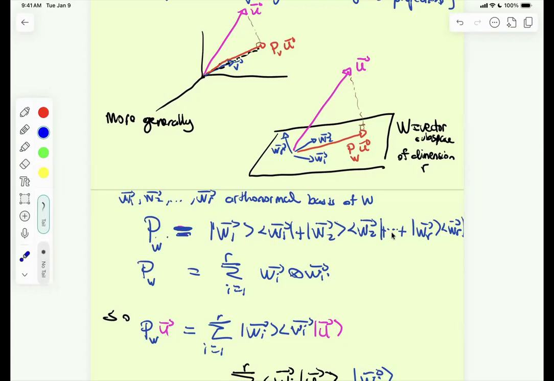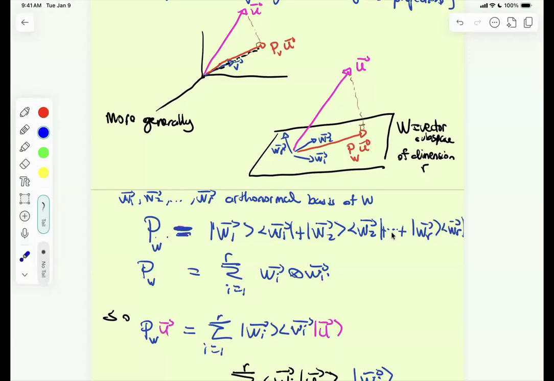Or here's an easier way to think about it: u minus a projection, right, should be perpendicular to any vector here, right? Yeah. Okay, so that means this dot product should be zero, right? Yes. And that is the same as saying that u dot wi should be the same as u dot PW of u with wi.